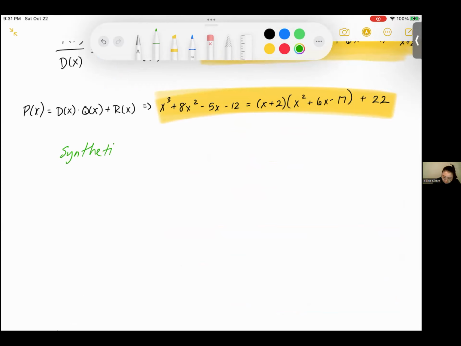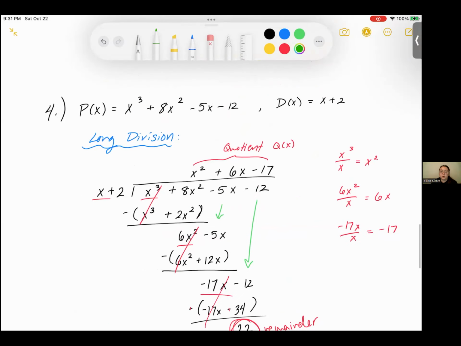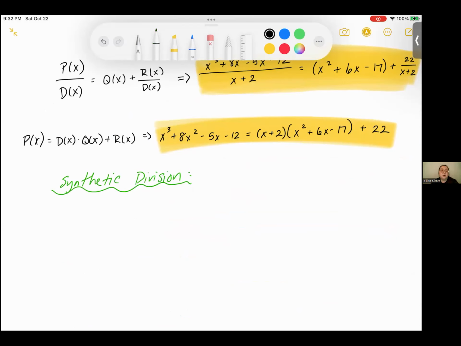So synthetic division is shorter, but it only works if the divisor is x plus or minus a number. In our case, the divisor was x plus 2, so it totally works here. So we're going to use the divisor and the coefficients of our dividend.